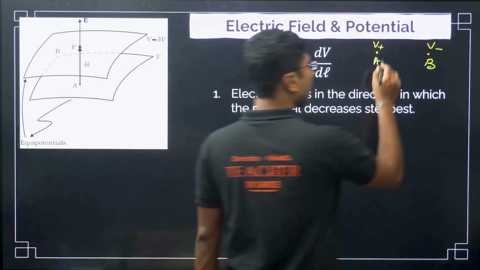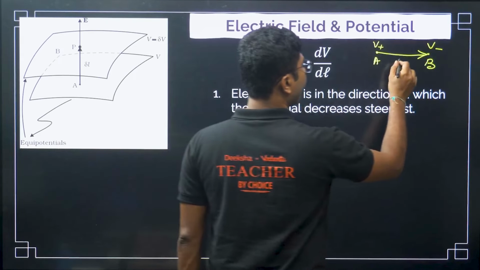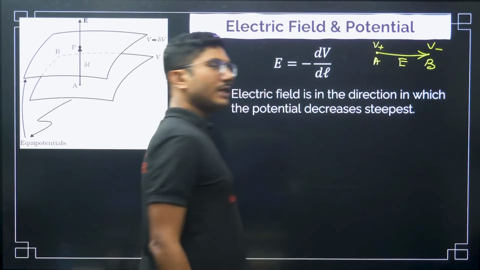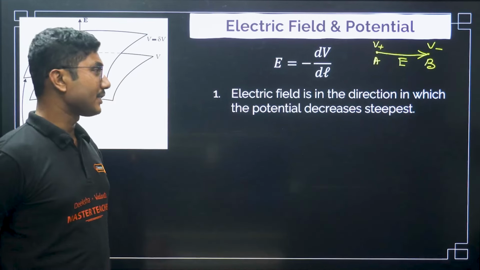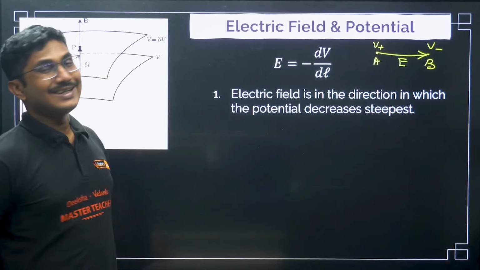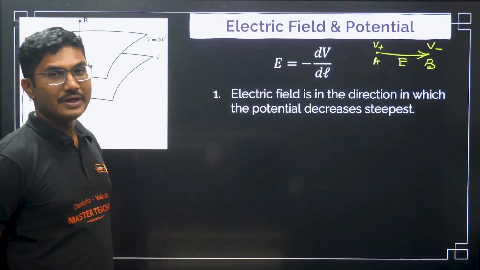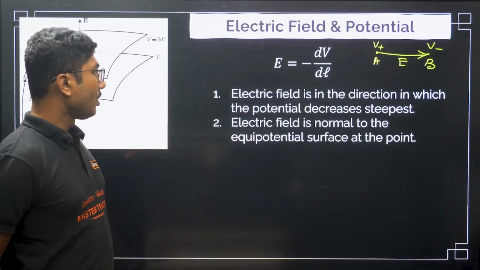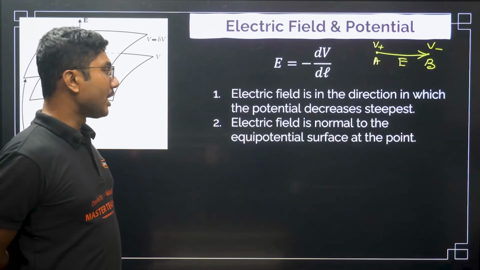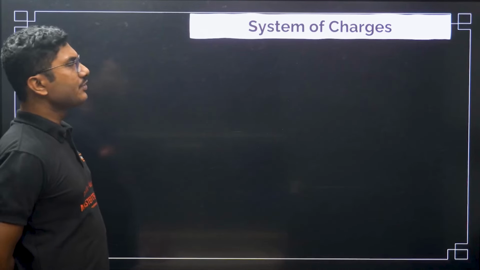So, the direction of electric field will be from higher V to lower V. That is the direction of electric field, and that is why there is a negative sign. Electric field is in the direction in which the potential decreases the steepest. That means the direction where electric potential is decreasing faster. Electric field is normal to the equipotential surface at that point. We already discussed it.